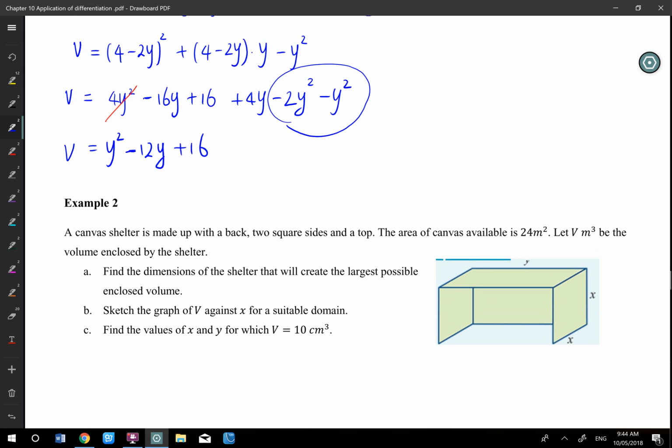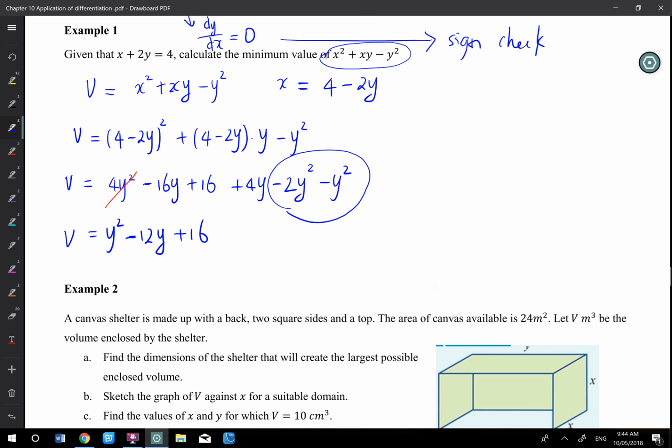Okay, that's a quadratic. Is that a happy quadratic or sad quadratic? Happy quadratic, then we will have a minimum turning point. So this question can be done either by derivative or you can complete the square to work out that.